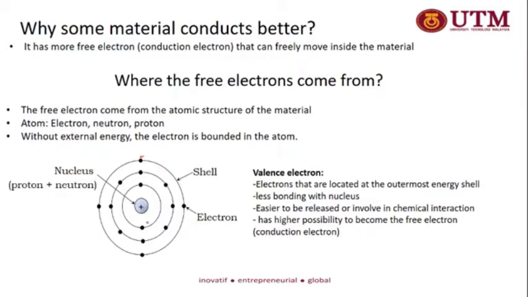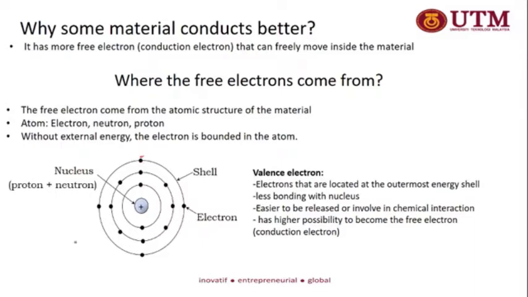This is the first energy shell level, the second energy shell, and then the third energy shell. The first energy shell is nearby the nucleus, so the bonding between the nucleus and the first energy shell is very strong. The second one is weaker than the first one, and the third one is weaker still.